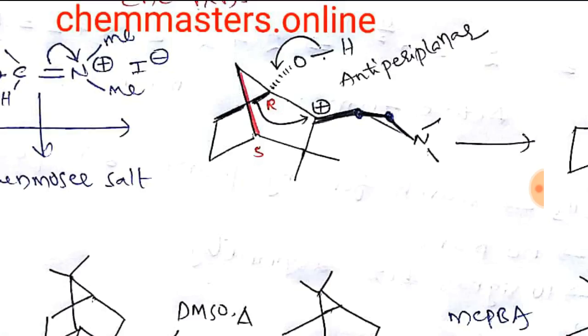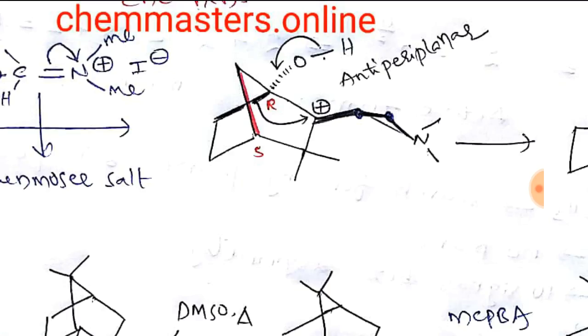Meerwein-Ponndorf rearrangement. Whenever we observe this rearrangement, we need to check for anti-periplanarity between the alkyl group and the leaving group. The alkyl group which shifts onto the carbocation must be anti-periplanar to the leaving group. Here, the thick black lines are anti-periplanar to each other, so that bridged group shifts onto the carbocation.